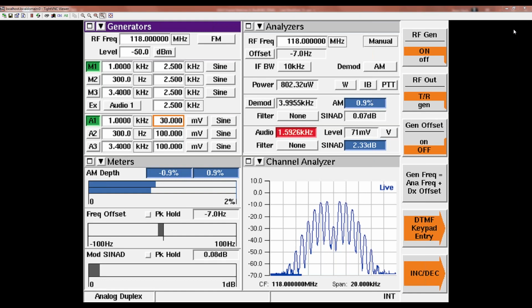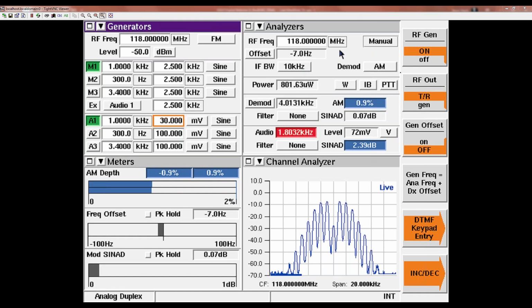Or if you've got a longer cable, 1, 2, 3 dB, which you hope you wouldn't have at VHF, but maybe at UHF you could. If I'm trying to generate 10 watts from a perfect radio and I had a 3 dB loss, I would measure 5 watts. Then I'd retune the radio back up to 10 watts, and in fact it's really producing 20 watts. So it is very, very important.